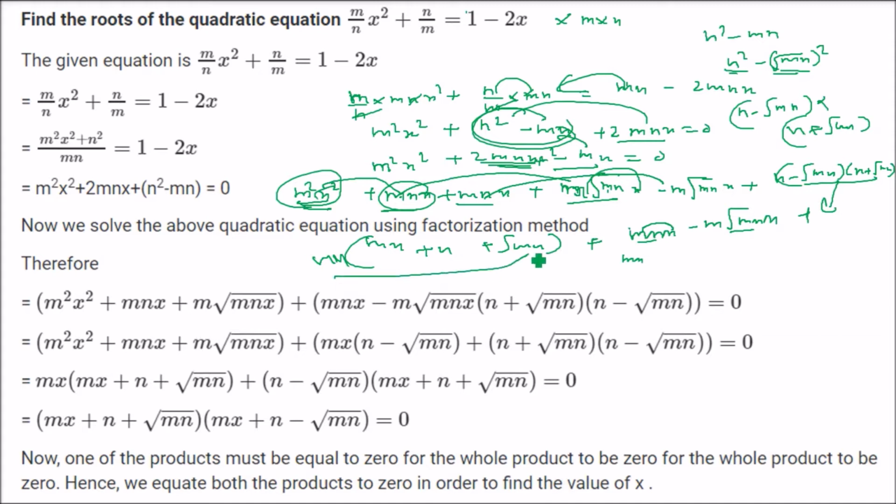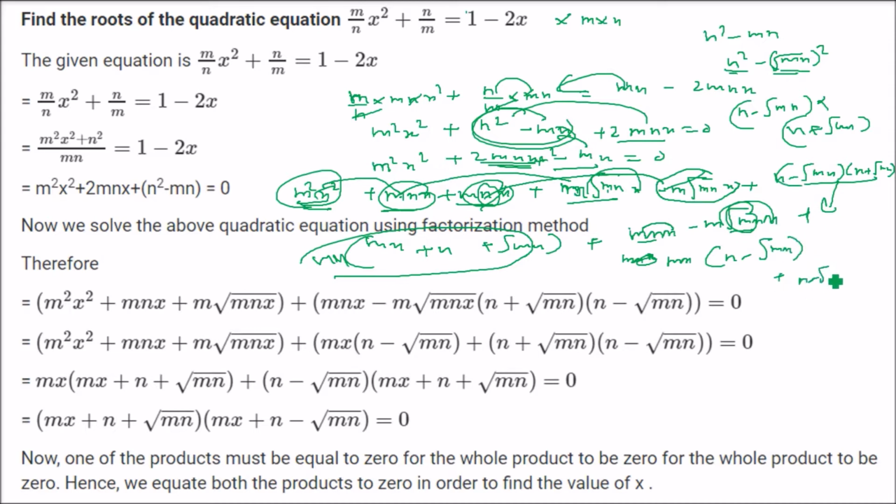So when I take mx common, this is already done, so this I just leave. I'm talking about mnx minus m under root mn x, so I'm taking mx common from these two. What do I get? n remaining minus root mn, because mx already I have taken common.